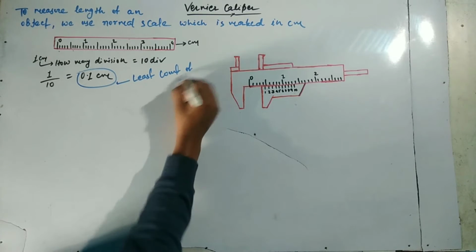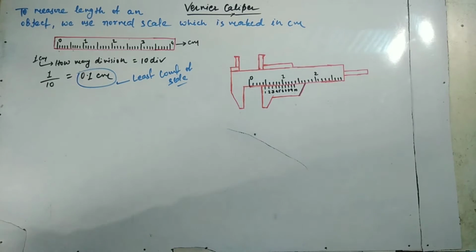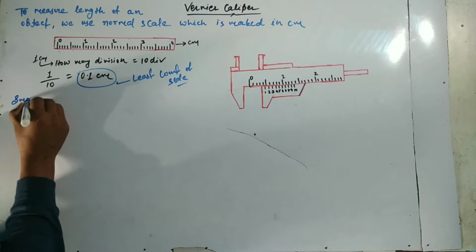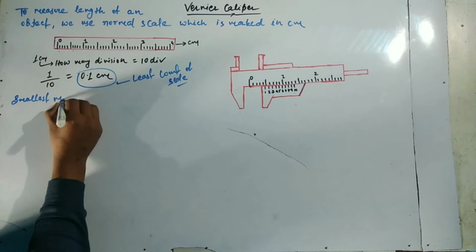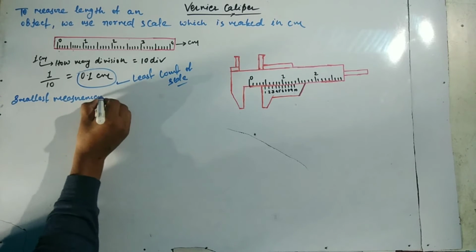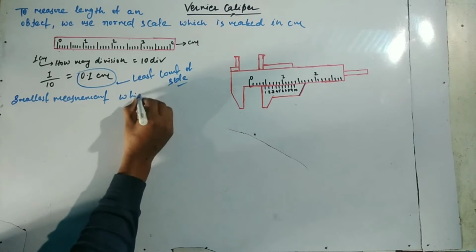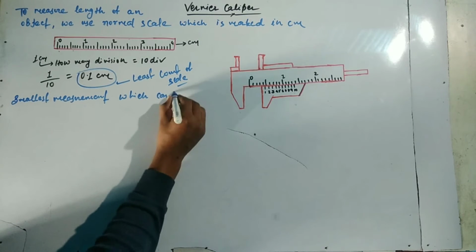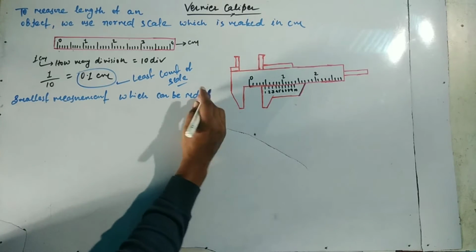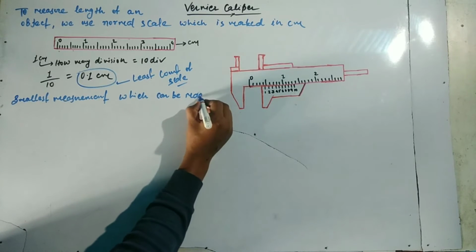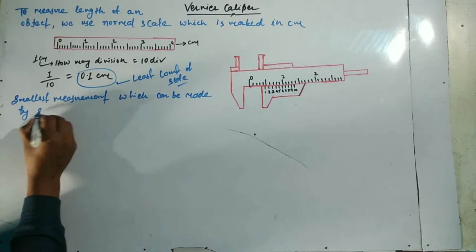It is the least count for a normal scale. Least count is the smallest measurement, so the smallest measurement which can be made by the scale is 0.1 cm.